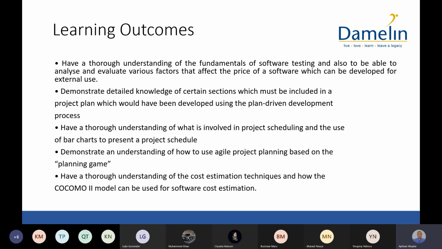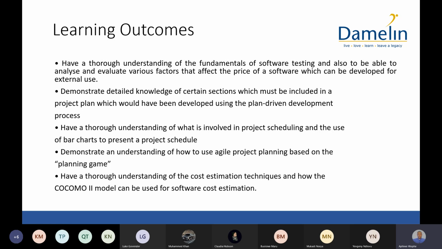So we will cover the following learning outcomes: have a thorough understanding of the fundamentals of software testing, and also to be able to analyze and evaluate various factors that affect the price of a software, which can be developed for external use. Demonstrates detailed knowledge of certain sections which must be included in a project plan, which would have been developed using the plan-driven development process.